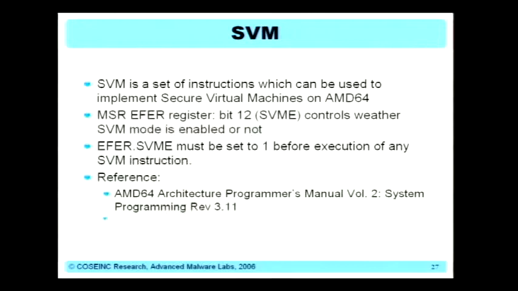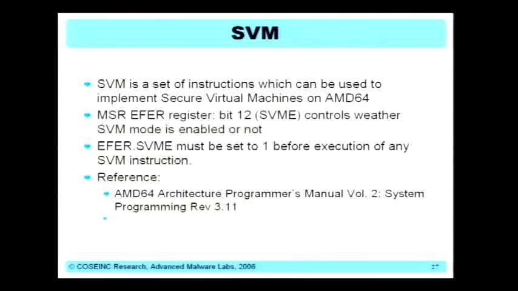So SVM is a set of instructions which can be used to implement virtual machines on AMD64. There's an MSR register called EFER, which is used for many different things, but it has bit number 12. When set to 1, this bit enables SVM mode.